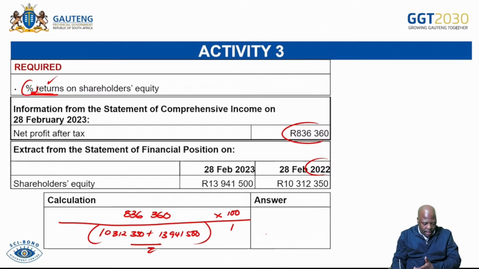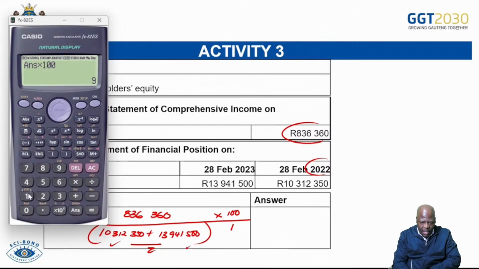And then some would want to simplify this. Let's simplify this. In other words, let's get the average there. To get the average, I'm simply saying my 10,312,350 plus 13,941,500.